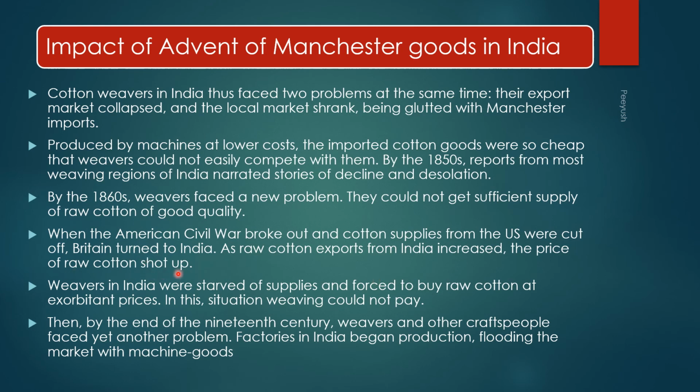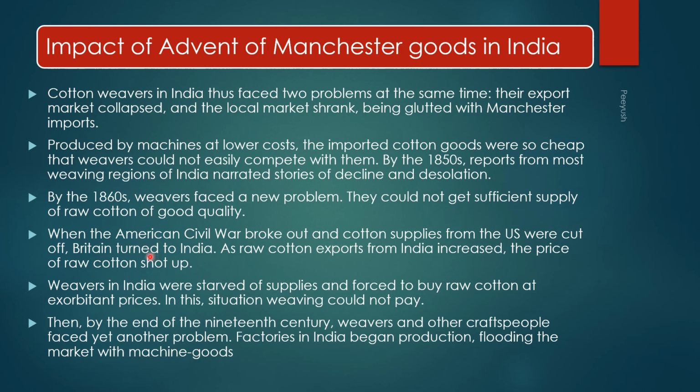Previously, Britain was getting raw cotton from England itself as well as from the United States. But in the 1860s in America, the Civil War happened, and because of it, the cotton supplies from the US were cut off.